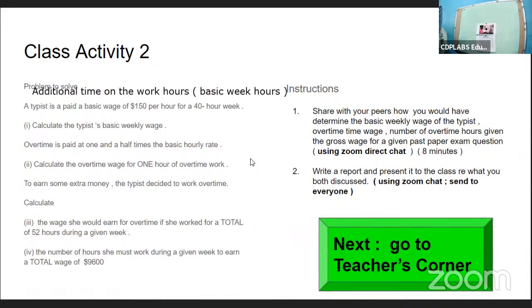Anybody got the answers yet? You can use a calculator now. 1.5 times $150.